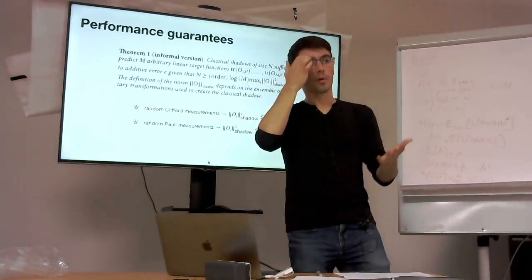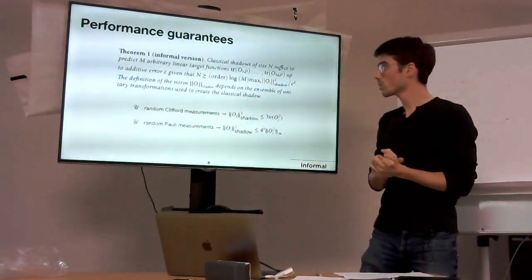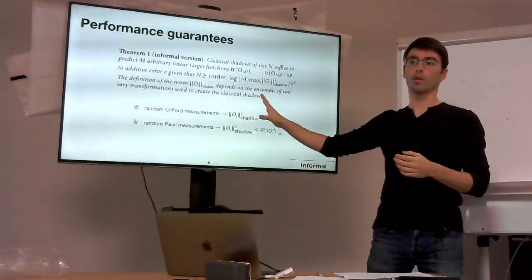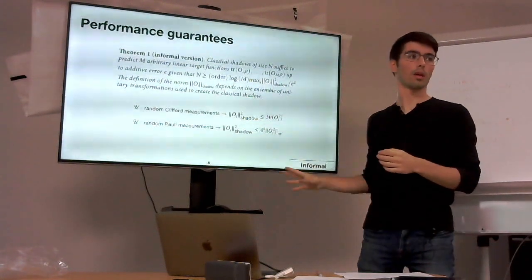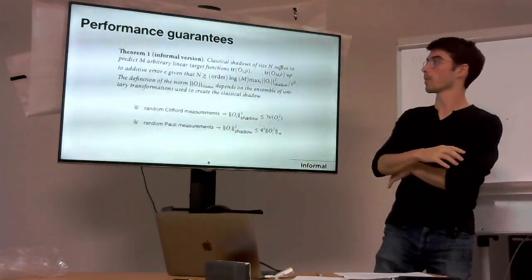So regarding the performance guarantees, this is the informal statement that they make in the paper, and then I will show you the more formal statement that they have in the supplementary material.